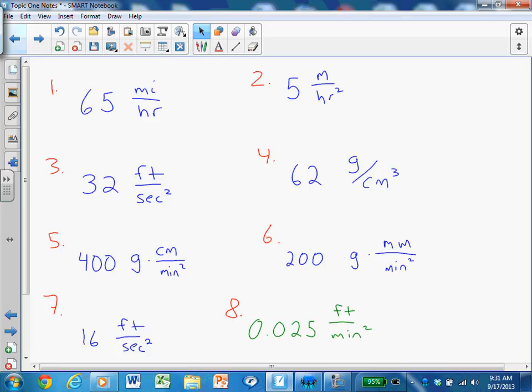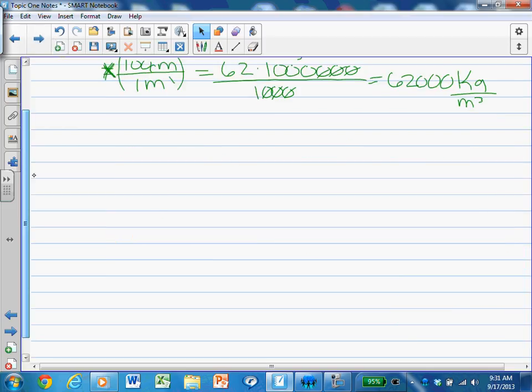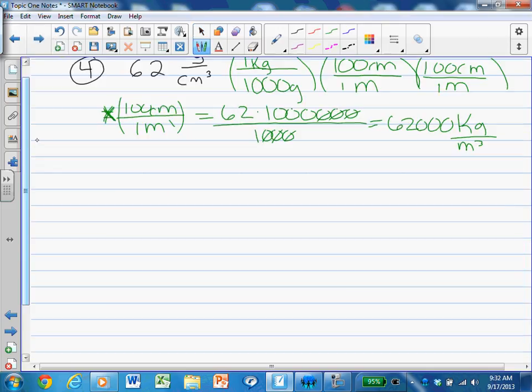5 is 400 grams per... Oh, look. Now, these are just getting cruel. 400 grams per centimeter per minute squared. What was it, grams?